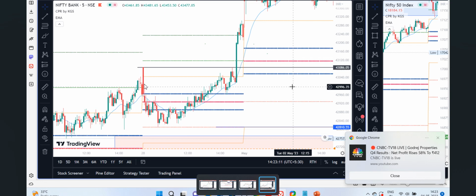If they enter at any point in this candle, they have to put their stop loss above this candle. Wherever you enter, you have to put your stop loss above this candle. If you enter low, you have to put your stop loss below the candle. This is the scientific thing you have to follow every single time you place a trade. So this is the red candle high breakout strategy.